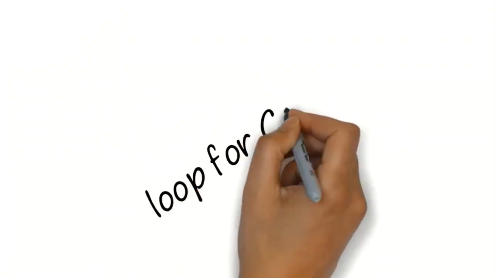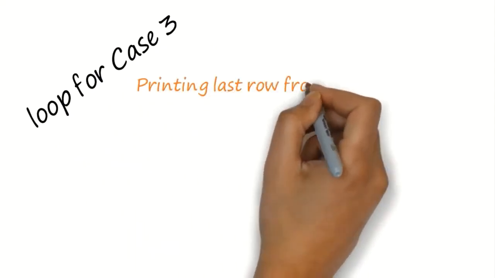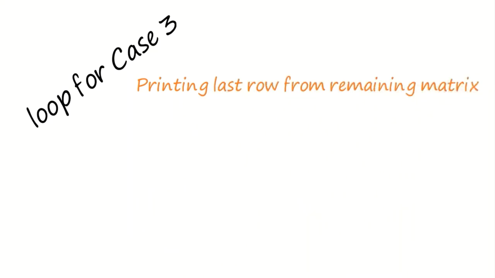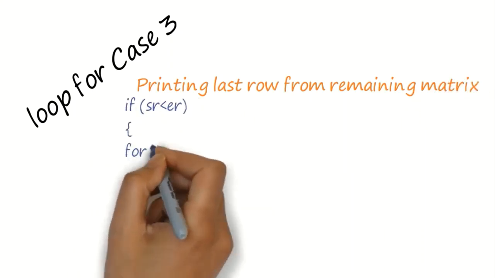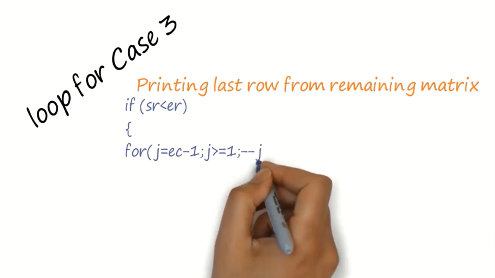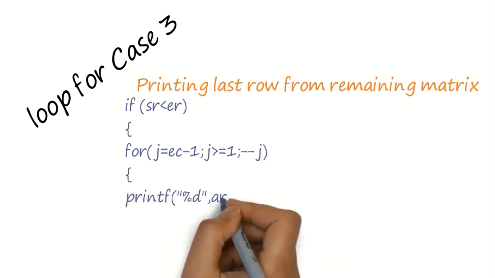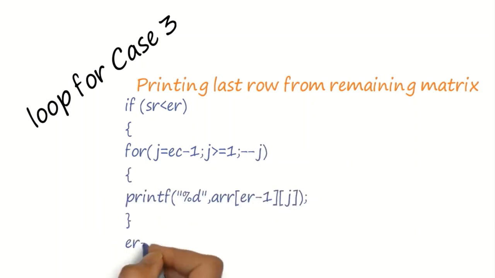Let's discuss case 3. Case 3 means we have to print the last row in the right to left direction. But before writing the for loop here, we have to check whether the starting row is less than the ending row or not. And now the for loop will start from end column - 1. Why? Because in case 2, we have already printed the last element of the last column, so we have to omit it.